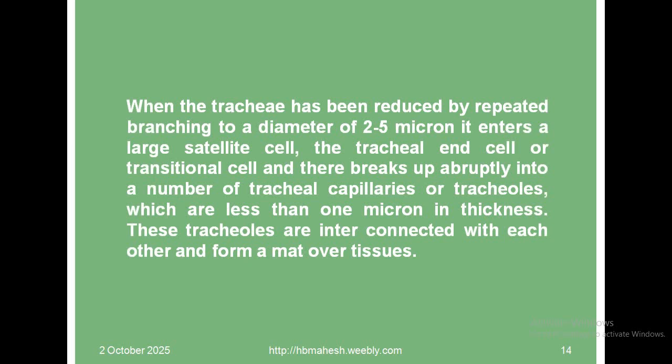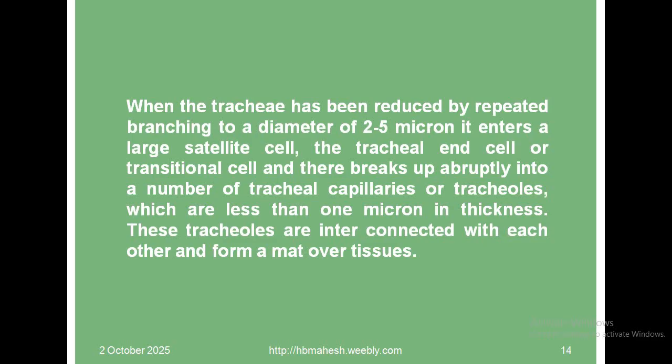When the trachea has been reduced by repeated branching to a diameter of 2 to 5 micron, it enters a large satellite cell, the tracheal end cell or transitional cell, and there breaks up abruptly into a number of tracheal capillaries. Tracheal capillaries are tracheoles, which are less than 1 micron in thickness.